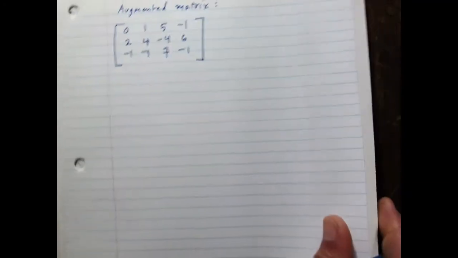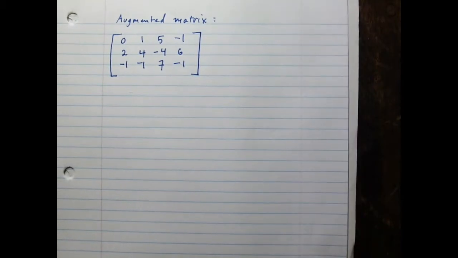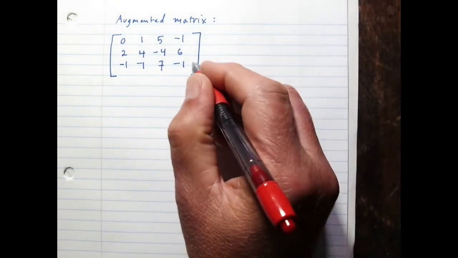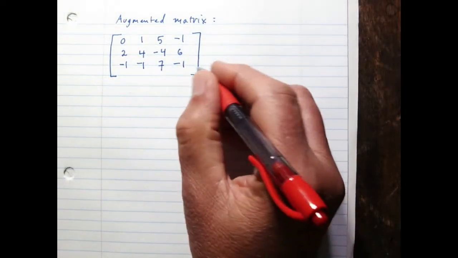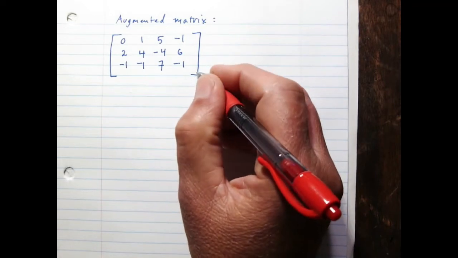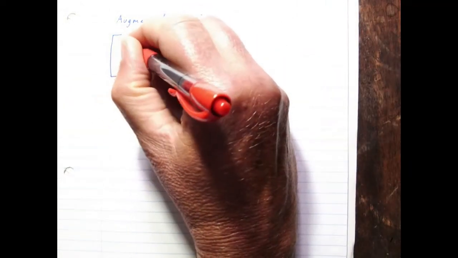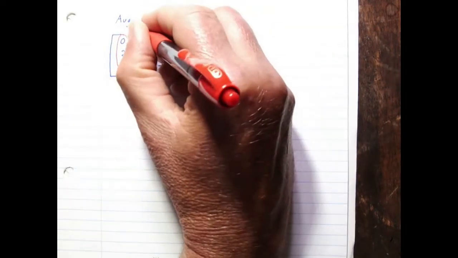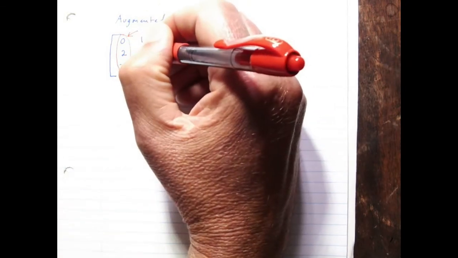And now I'm just going to go ahead and start applying row operations to get this matrix into its echelon or reduced echelon form. When I look at that first column, I want a 1 in that first position. I'm trying to get a 1, 0, 0.